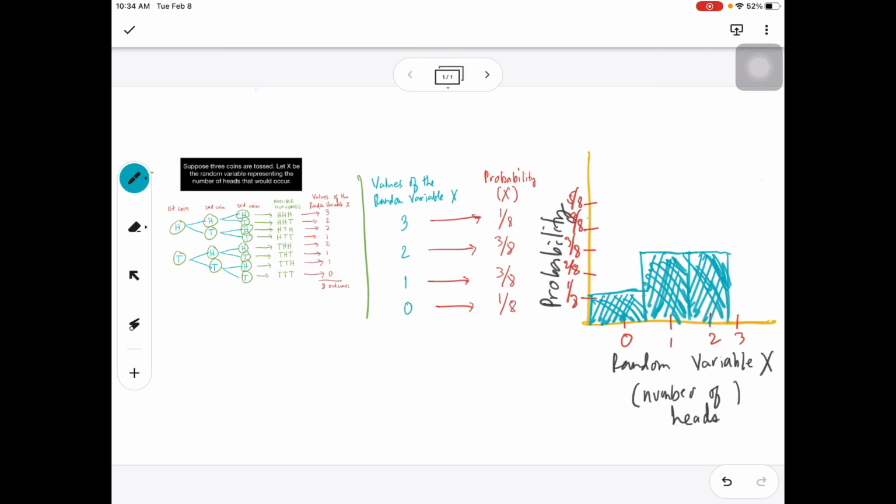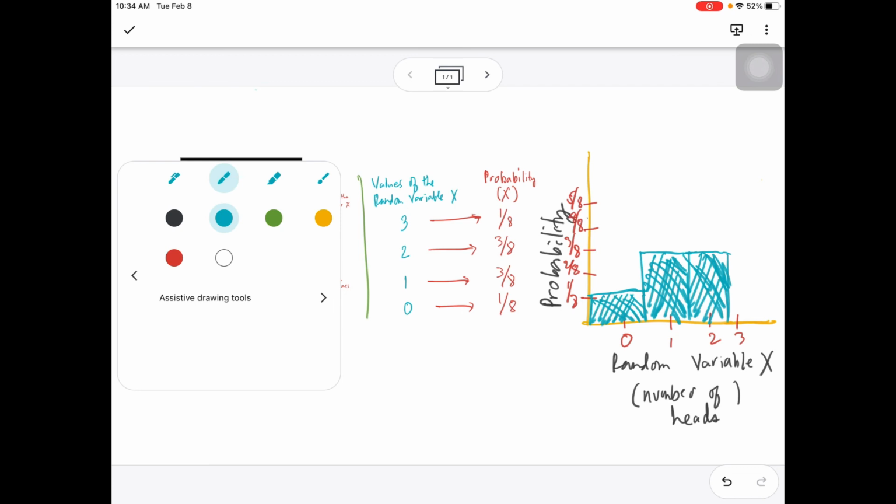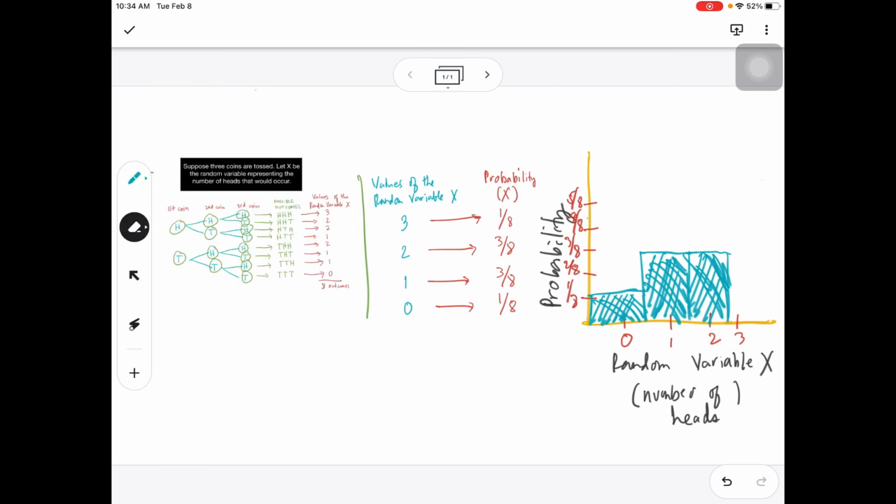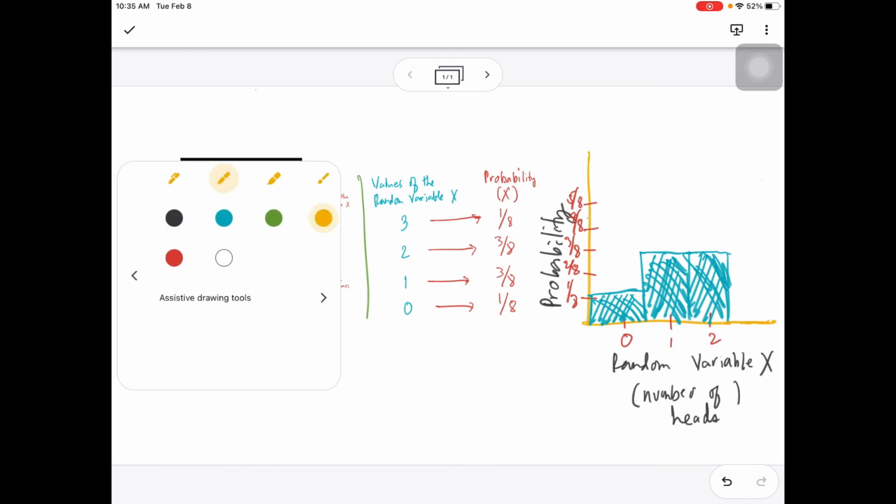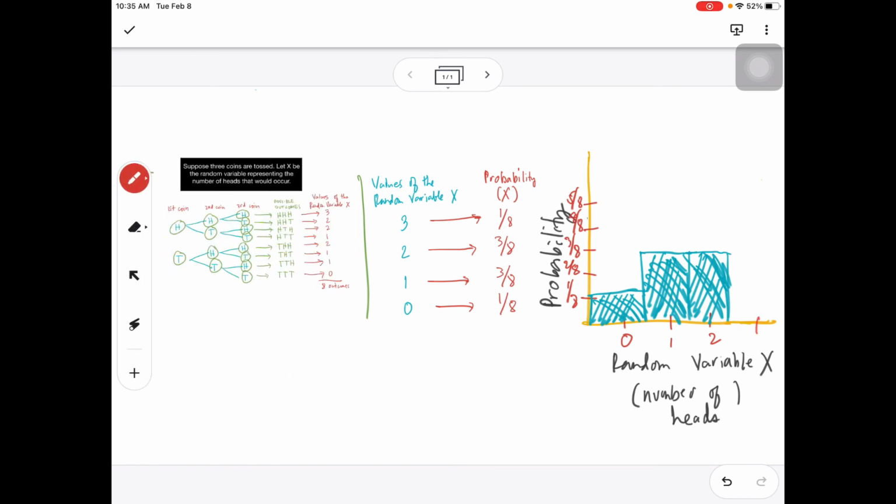And for 3 is 1 over 8. So okay, all right, that's it. That's our histogram for this probability experiment. Thank you so much.